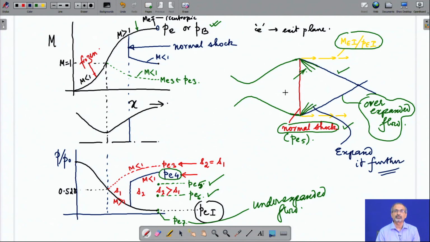It expands through the formation of a Prandtl-Meyer expansion fan. So, these are the different possibilities that we are seeing for a converging diverging nozzle: a purely isentropic flow, or shock inside, or shocks outside, or expansion fan outside.